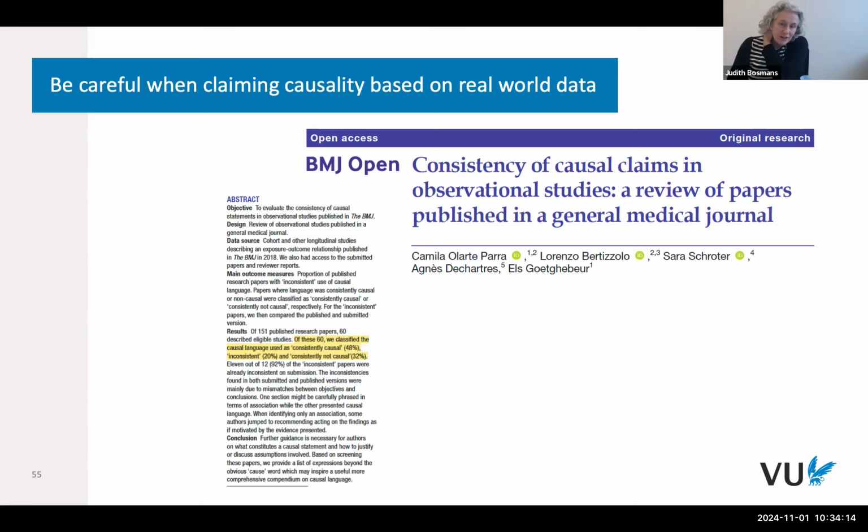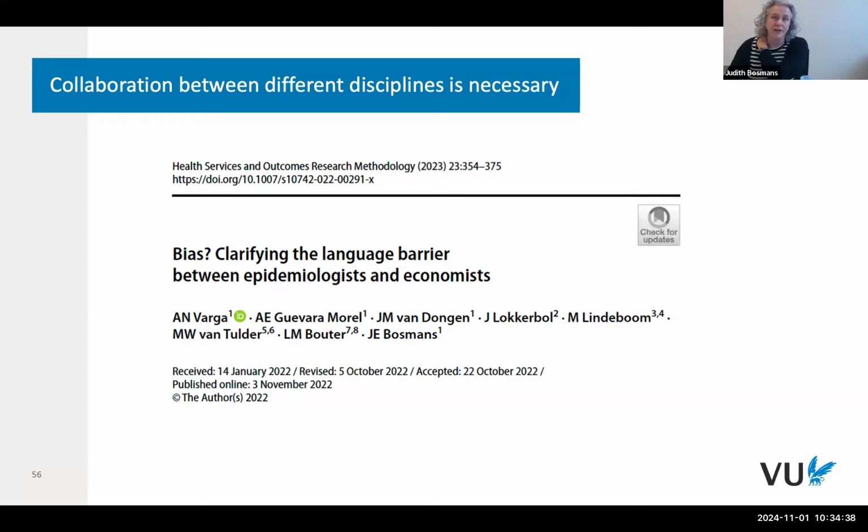They showed that of the 60 studies that they included, almost half used language that suggested that there was a causal relation between the treatment and the outcome. But you have to be really careful about that if you do not have an experimental treatment setup. So be aware of that.